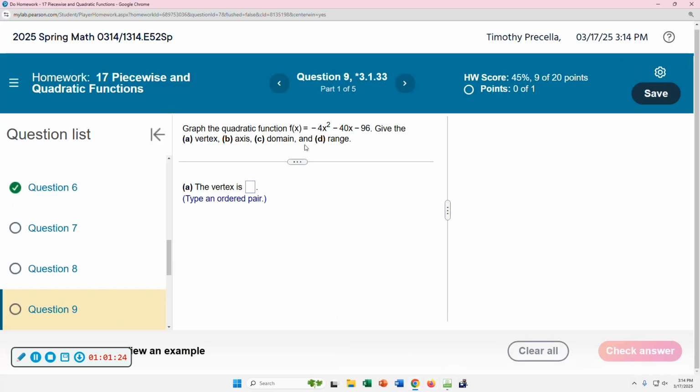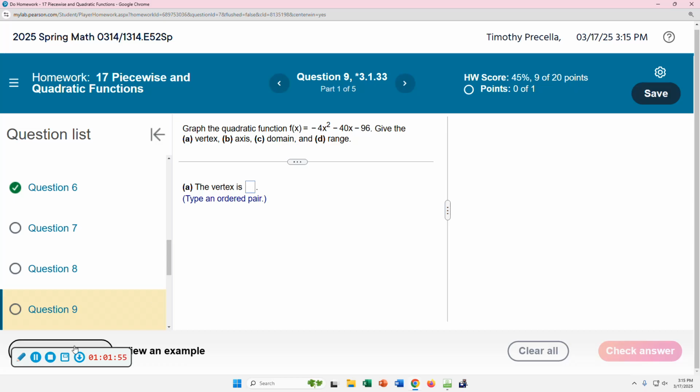Here's a quadratic function: f of x equals negative 4x squared minus 40x minus 96. If it's quadratic, you can't have variables under square roots. You can't have variables in denominators. What did we say on that Wednesday before spring break about the domain of functions with no square roots and no denominators?